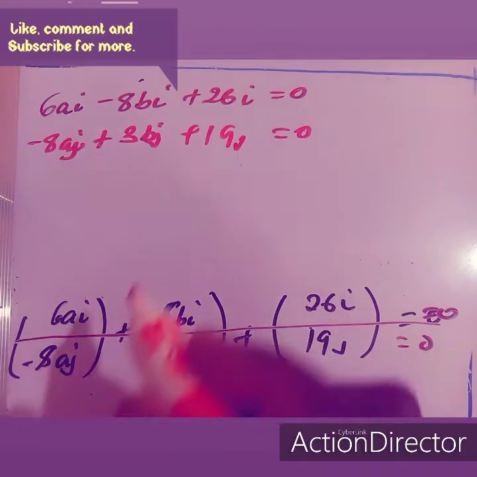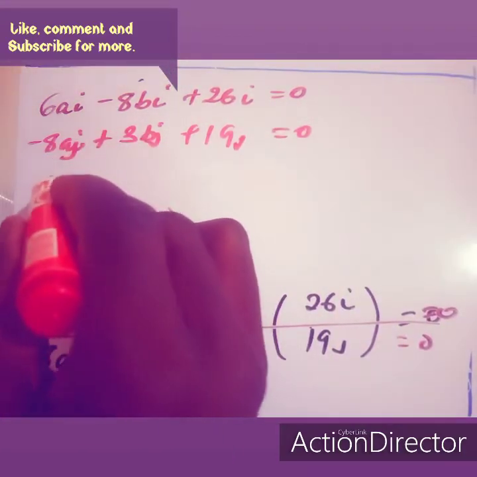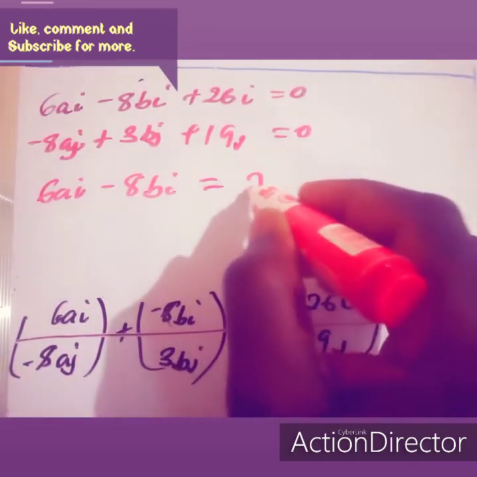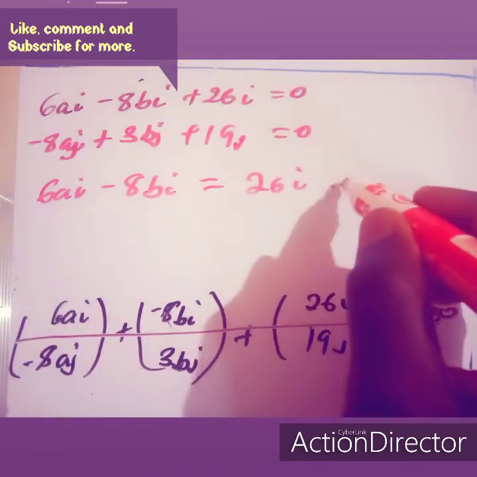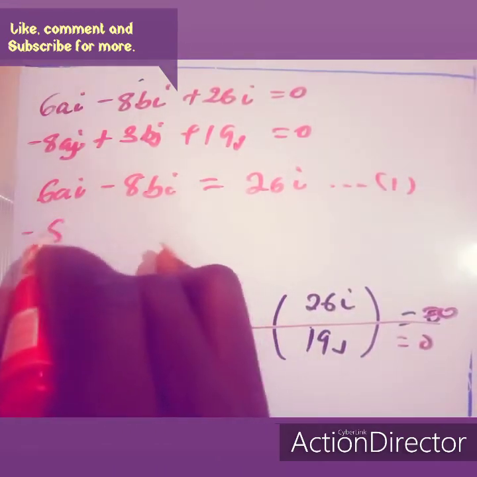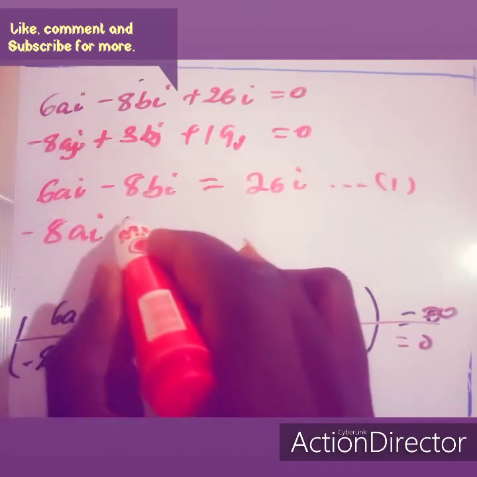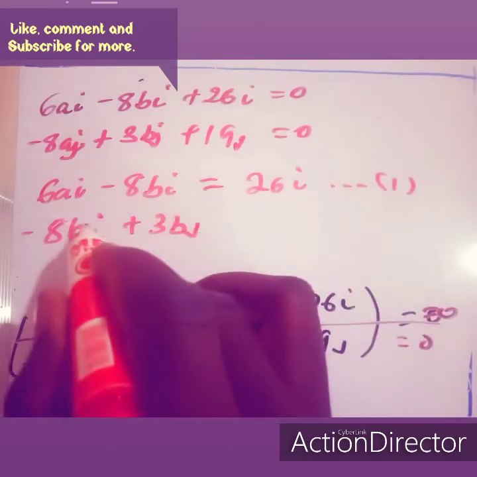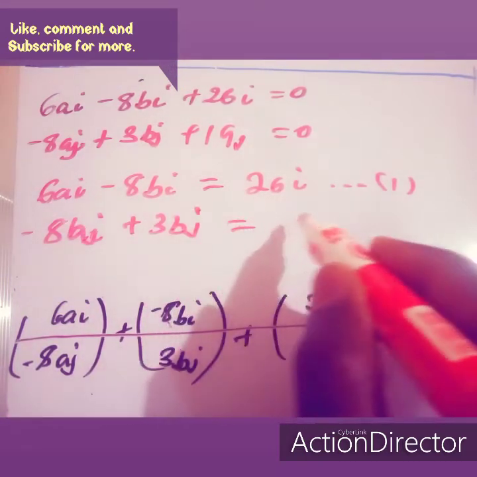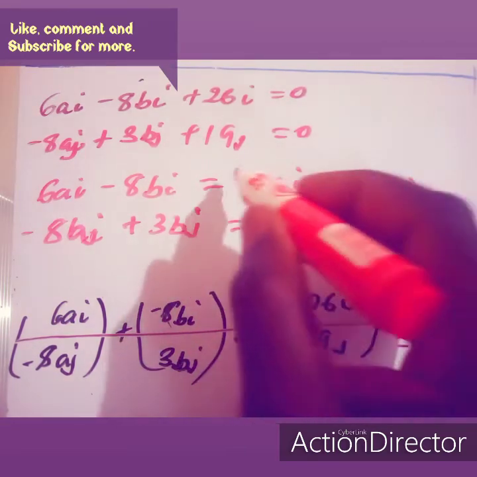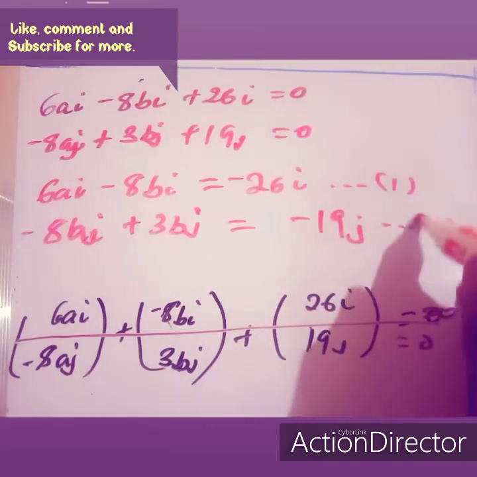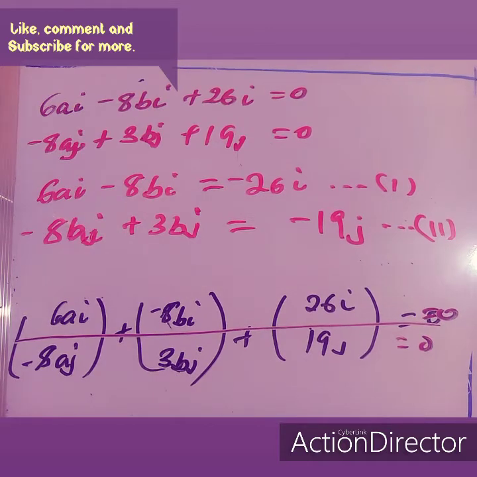Okay, so from those equations, our 6AI minus 8BI will be equal to 26I. That is our equation 1. Then minus 8AI plus 3B, sorry, J, will be equal to minus 19J. That is our equation 2. Okay, so from there now we can solve equation 1 and equation 2 simultaneously.